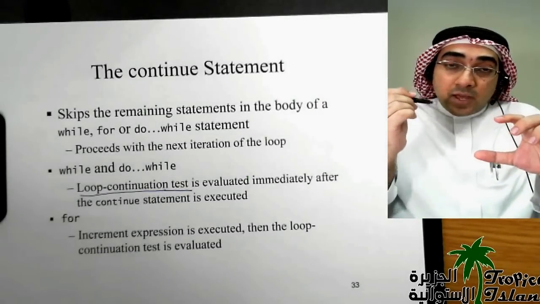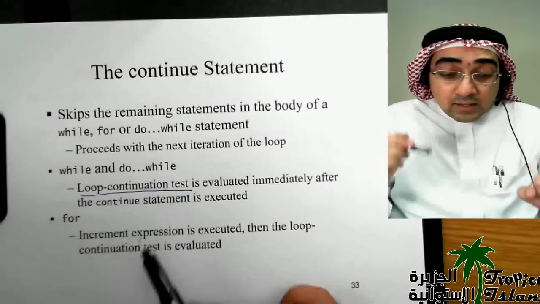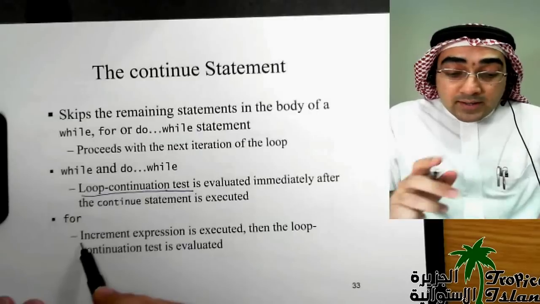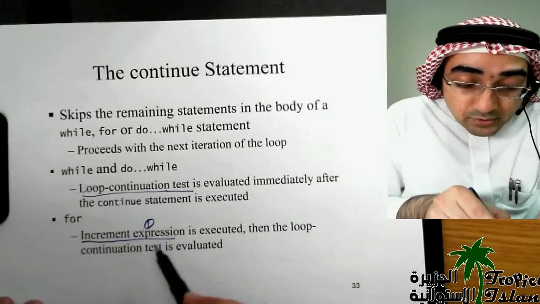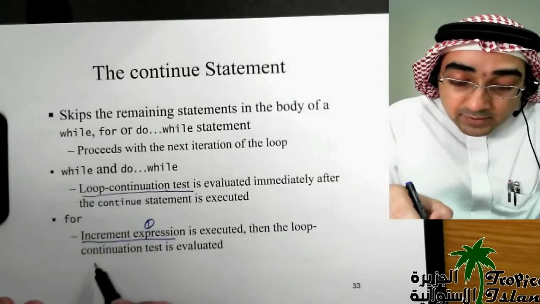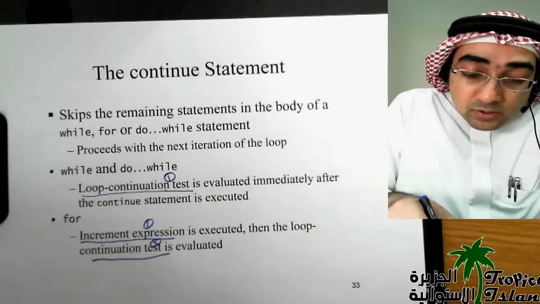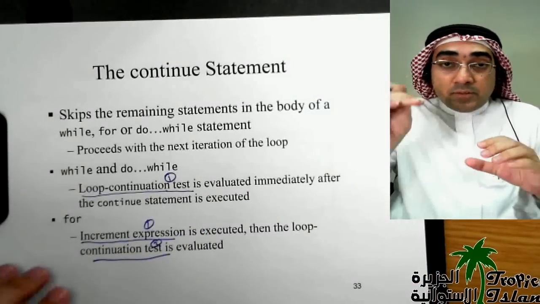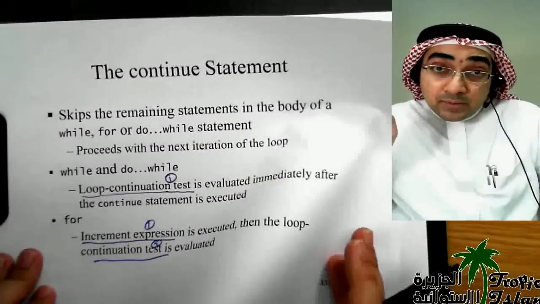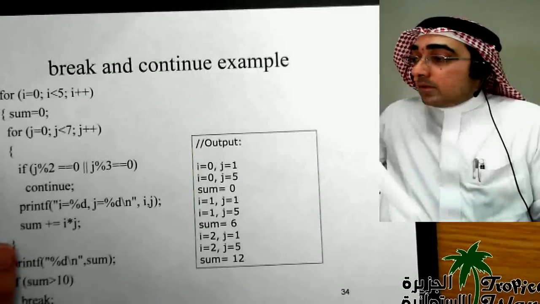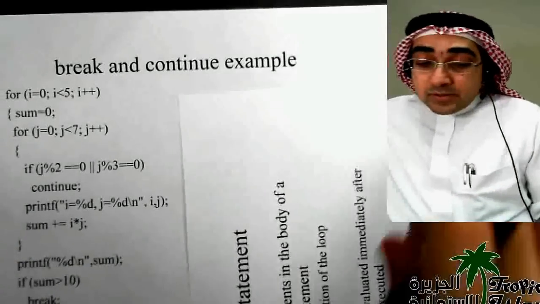If you have another continue, you go back to the test again. In the for, it's different. In the for, you do an increment first, that's one step, and then you go to the loop test too. So in the while loop, you go back to the test directly. In the for loop, you increment, then you go to the loop condition.